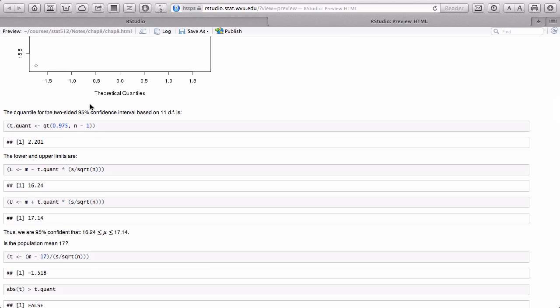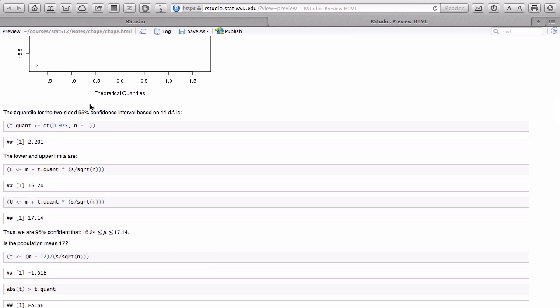So the upper tail t-value, which corresponds to the 0.975 t quantile with 11 degrees of freedom. Remember, the degrees of freedom is n minus 1, n is 12, so the degrees of freedom will be 11. So this is a small sample t-test. And therefore, assuming that we could use a z-test, which assumes that we know sigma, which only works really if n is large, is probably not reasonable here.